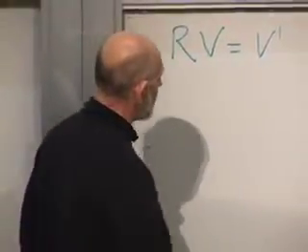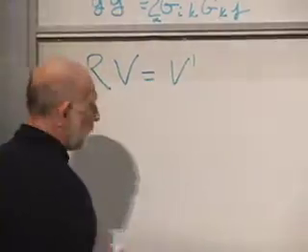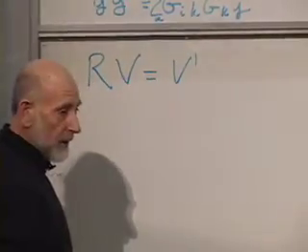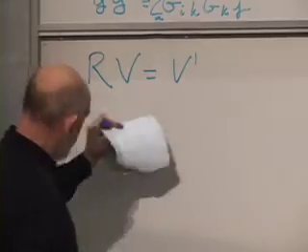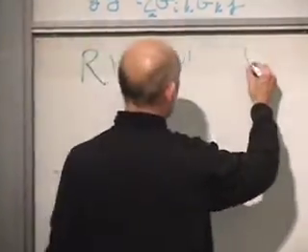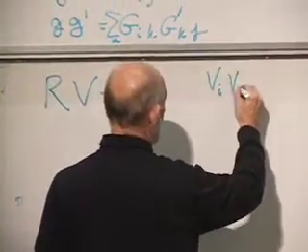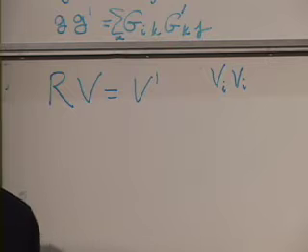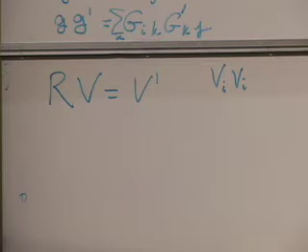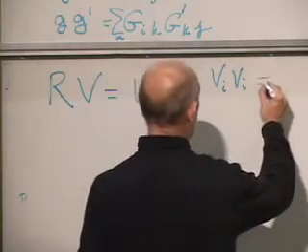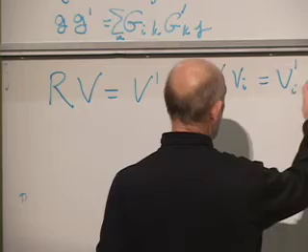The condition for this to be a rotation is that for every possible v and v prime being the result of rotation, vi v prime i equals vi vi. This means the sum vx squared plus vy squared plus vz squared, the square of the length of v, should be the same as the square of the length of v prime.